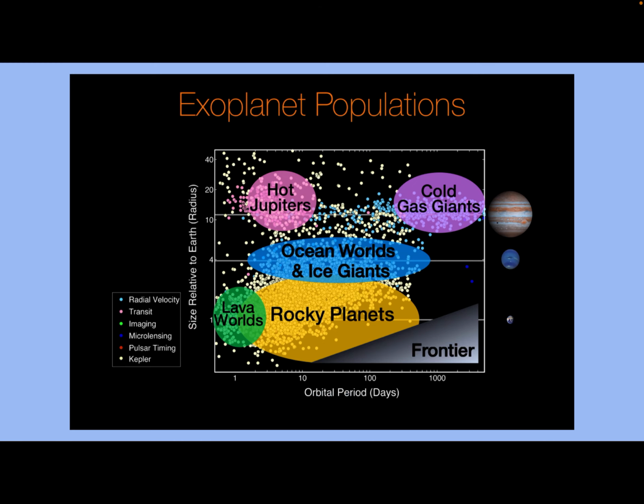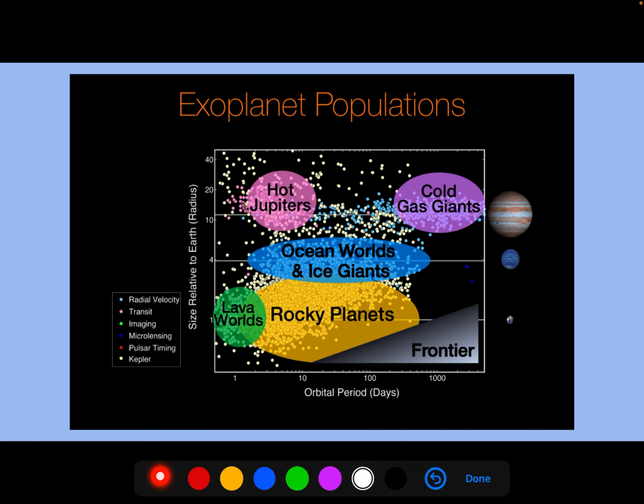These are, at the time that I found this image, the types of exoplanets that have been found. And what I want you to notice here is the orbital period, so how long it takes it to go around its star, and then also on this axis here is the size relative to Earth. So Earth-sized ones would be here, and then they get larger as it goes this way.